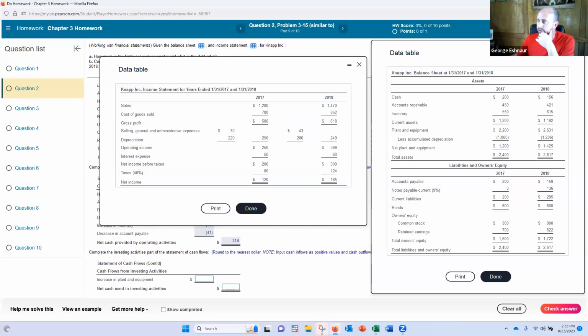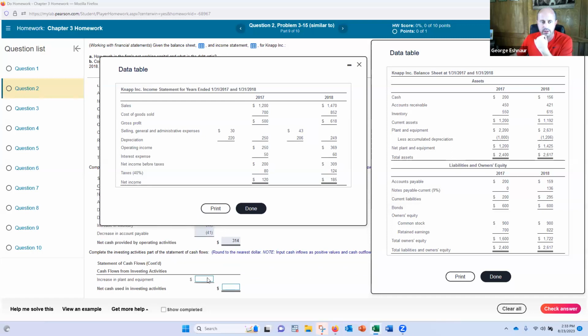Okay, increase in plant and equipment. So we see that we had an increase in new plant and equipment from 1,200 to 1,425. So make sure that's all good.